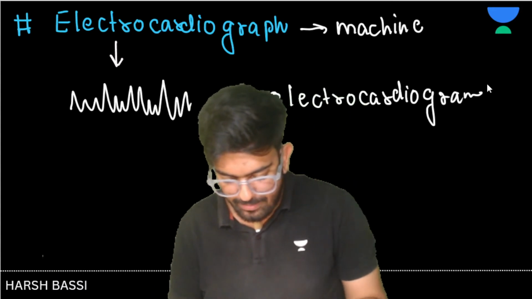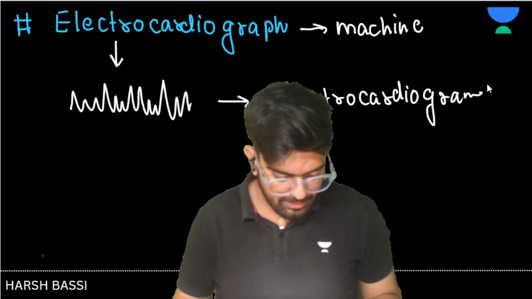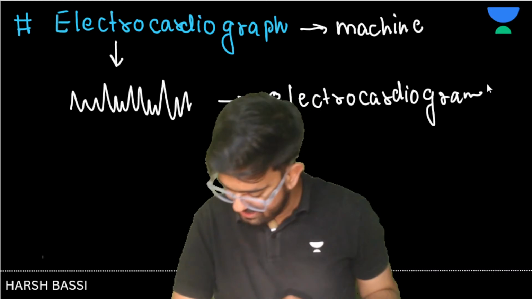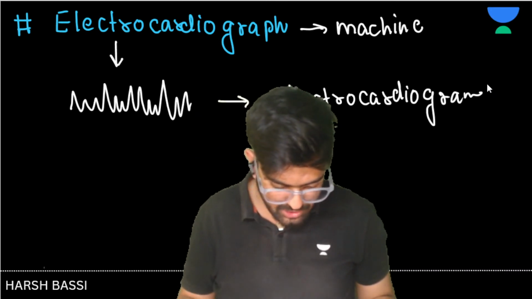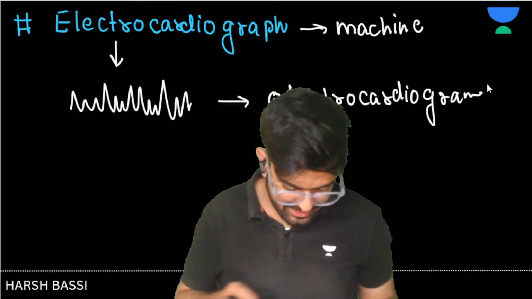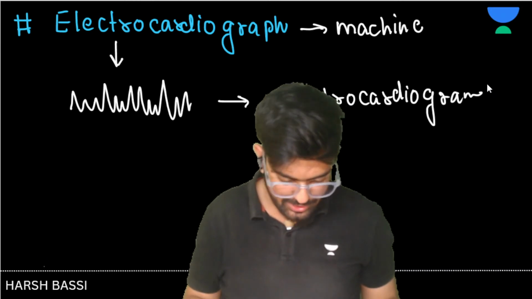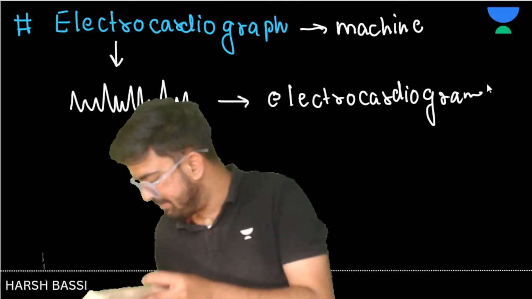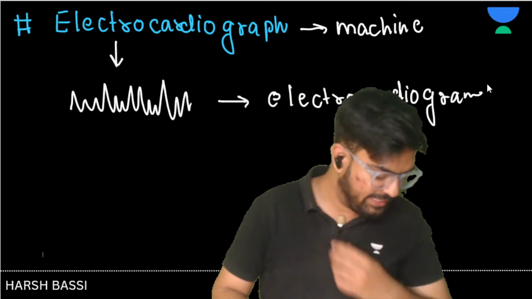Anything else you want me to explain? Coagulation we have done, the human circulatory system, cardiac cycle and double circulation we have done, disorders. Okay, I will tell you the hepatic portal system. Let me complete ECG first and then I will tell you.